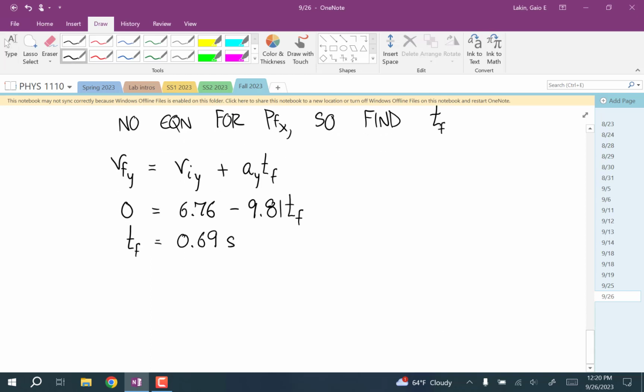And now that we have TF, we can calculate PFX is equal to PIX plus VIX TF plus 1/2 AX TF squared.